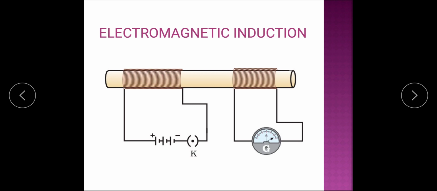So when the current is increased in the coil, the magnetic field produced by the primary coil will increase, and hence the magnetic field of the primary coil, which is linked with the secondary coil, will also increase. As there is a change in the magnetic field linked with this coil, current will be induced in it and the galvanometer will show deflection.